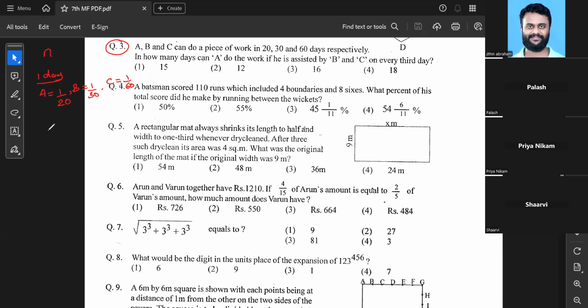For those who don't know, I'm just explaining the logic. Whenever they say that some work is done in some number of days, the first step is to find how much work can be done in one day. In one day, it's always the reciprocal of the number of days they have taken to complete the work.